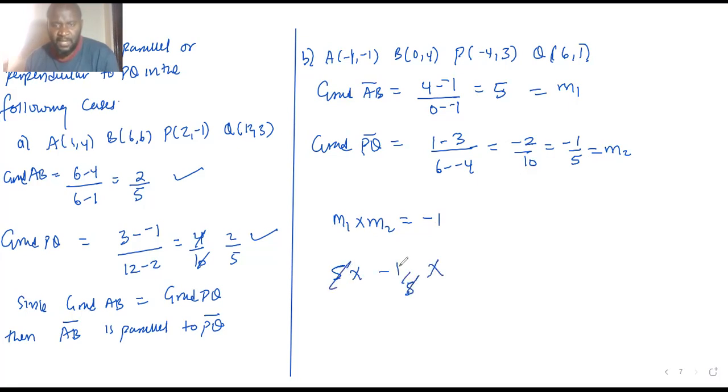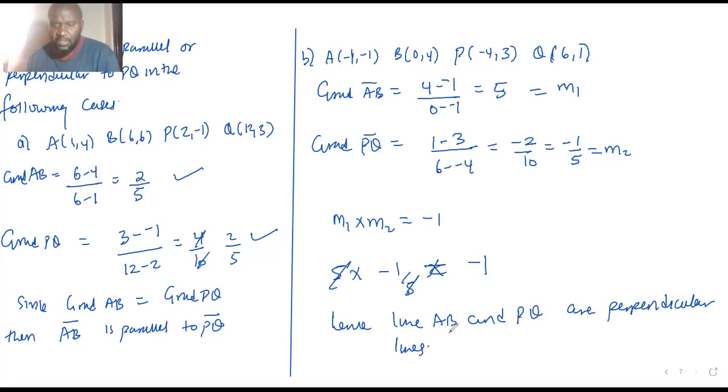So if I multiply these two, the answer is -1. Hence, line AB and line PQ are perpendicular lines, or they meet at 90 degrees.